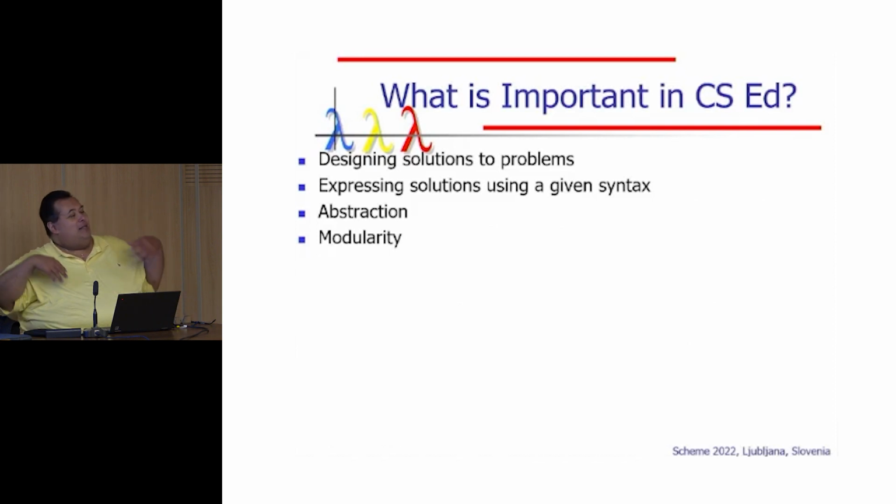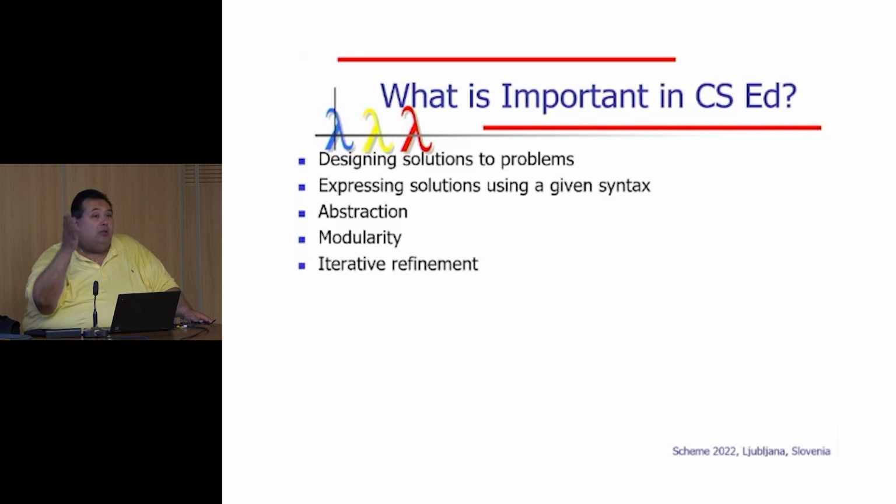So you don't want them reinventing the wheel and writing the same code 50 times. So you abstract away and you write a function, and then now you have modularity, and they need to learn about this. And they need to know about iterative refinement. They need to know that you can't solve everything in one step. You don't bite off more than you can chew, proverbially speaking.